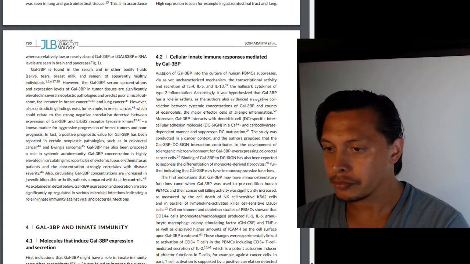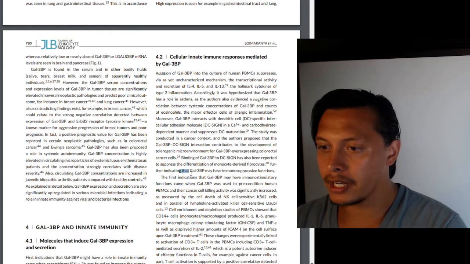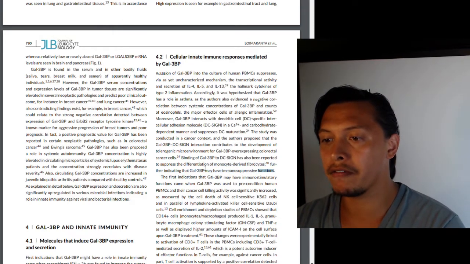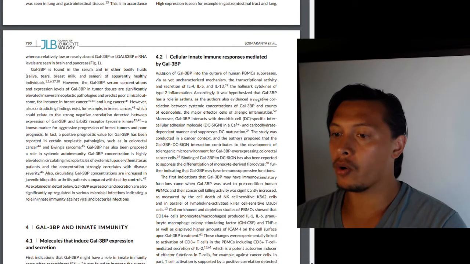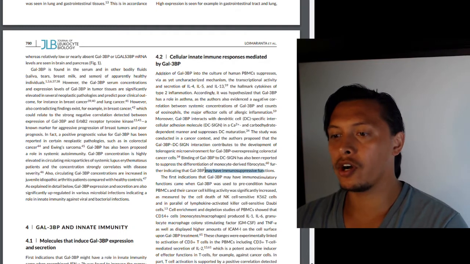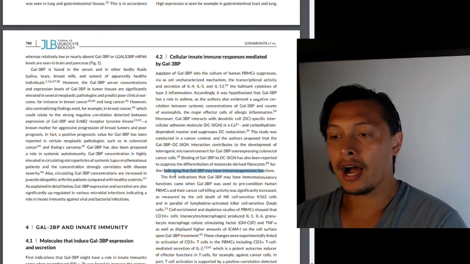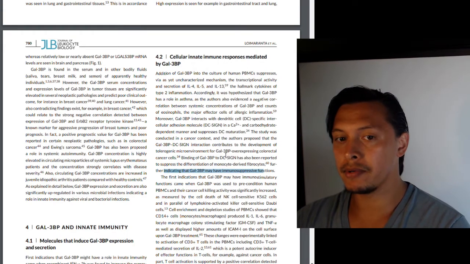Interesting. So further indicating that galectin-3 binding protein may have an immunosuppressive function. So I should say it seems as though it is improving. High levels of galectin-3 will be improving the innate immune response, right?